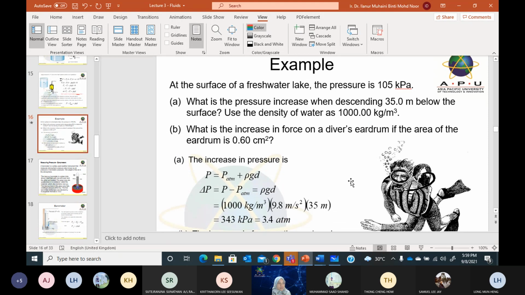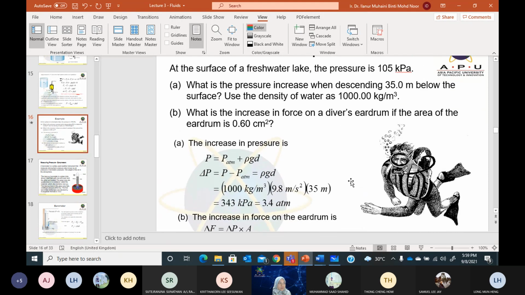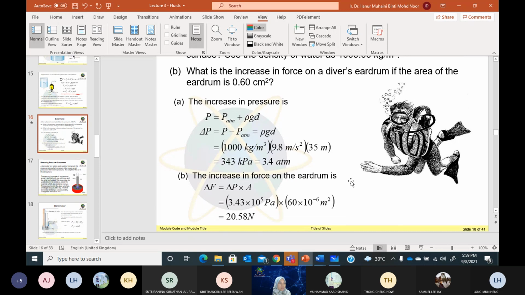This one, right? After he goes down, the d goes down 35 meters.